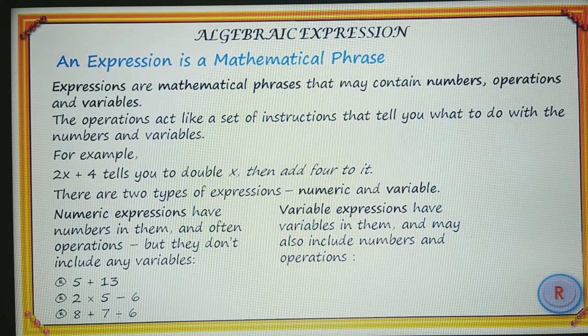Variable expressions have variables in them and may include numbers and operations. For example, 5h, 5x, 5k plus 4.